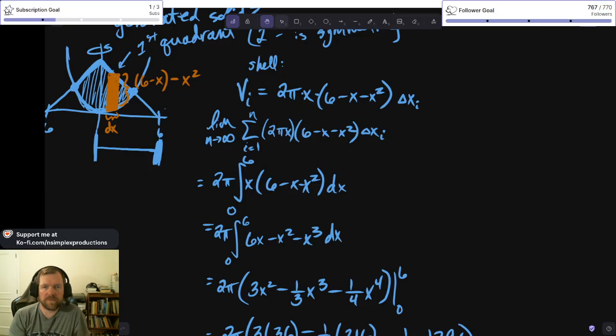We're going from 0 to the intersection point. That was very silly.